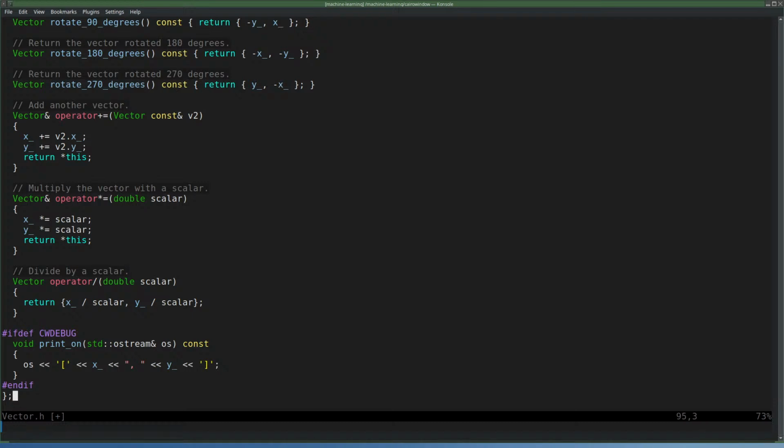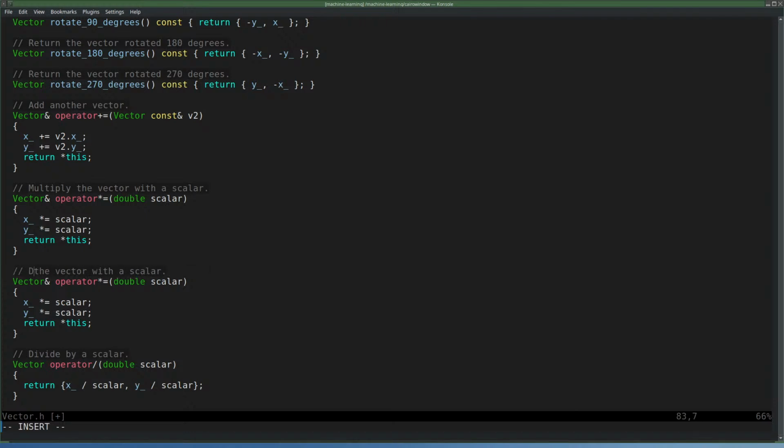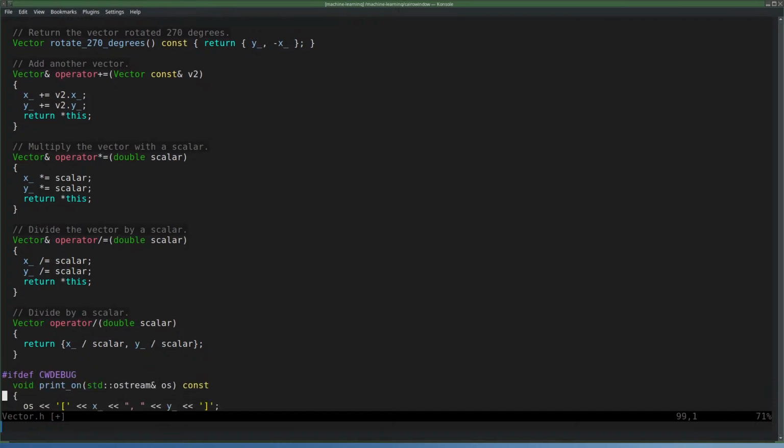Yeah, if I add that, I have to add this one as well. Not using it yet, but should I support multiplying it from the right with the scalar?